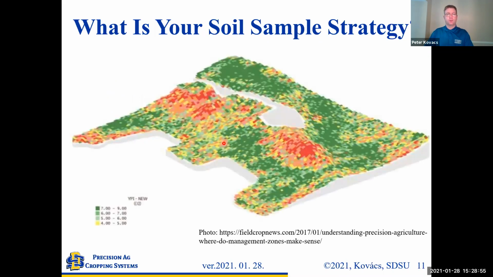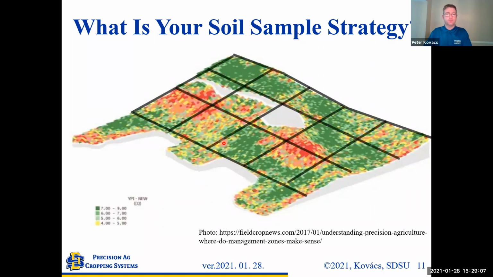The other important thing we have to consider is what type of soil sampling strategies we are using in these landscape or rolling fields, especially if you are using grid soil sampling.